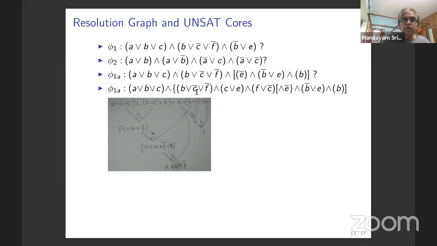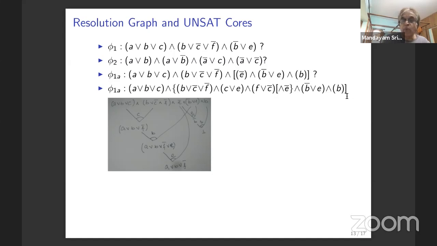You could get that by searching through the resolution graphs. In the fourth formula that I've shown here, there are two unsat cores: one that occurs between the curly brackets, and the one that appears between square brackets.